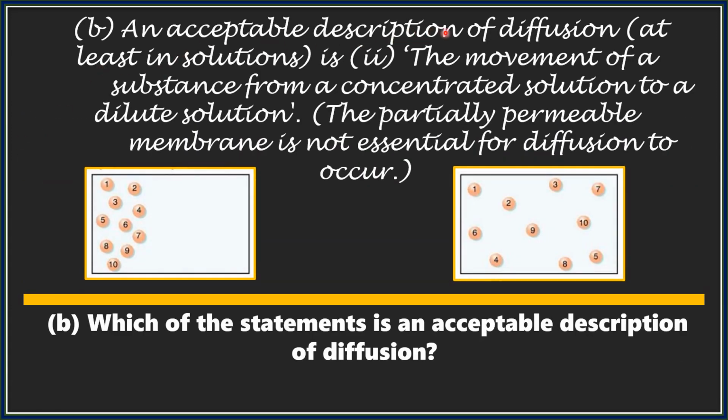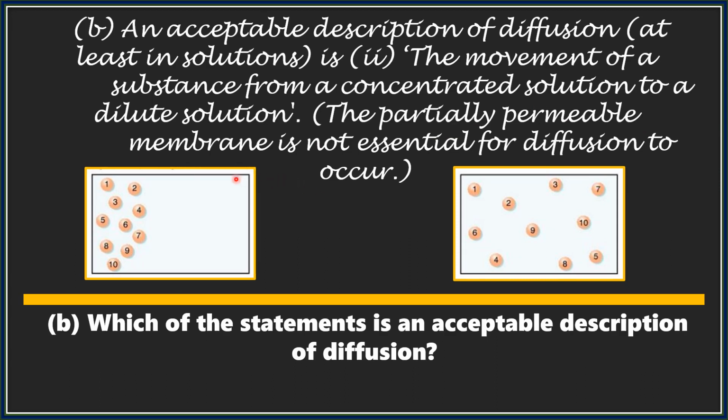An acceptable description of diffusion, at least in solutions, is number 2. The movement of substances from a concentrated solution to a dilute solution. A partially permeable membrane is not essential for diffusion to occur.